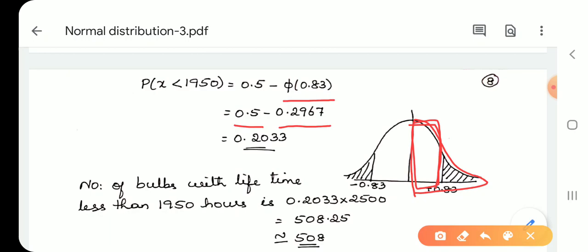So 0.5 minus 0.2967 gives 0.2033. To get the number of bulbs with a lifetime less than 1950 hours, we have to multiply the value of the probability with 2500. When we multiply, we get the approximate number of bulbs to be 508.